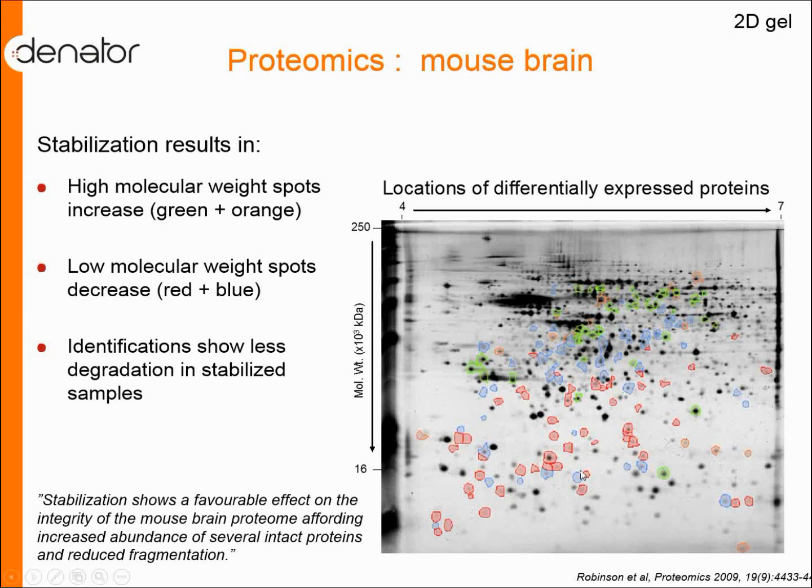When we look at these individually, they tend to be identified as proteins which should have occurred much higher on the gel. So the detected molecular weight is generally much lower than the theoretical molecular weight in those that are higher intensity in the snap frozen samples.